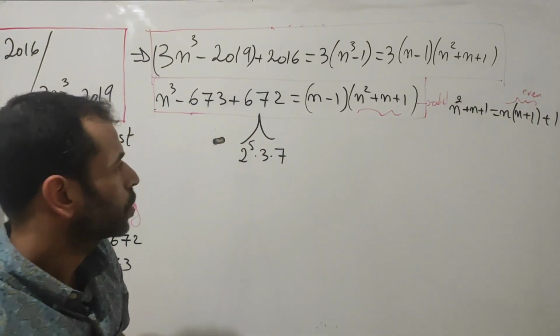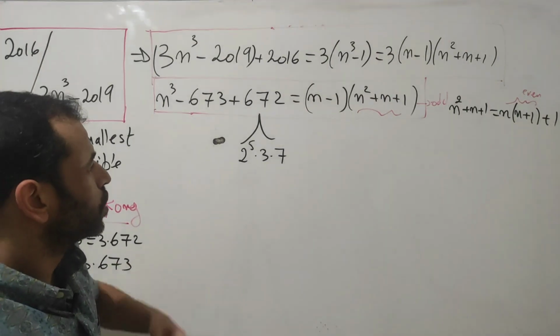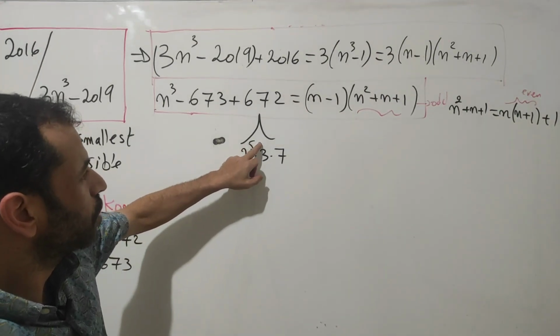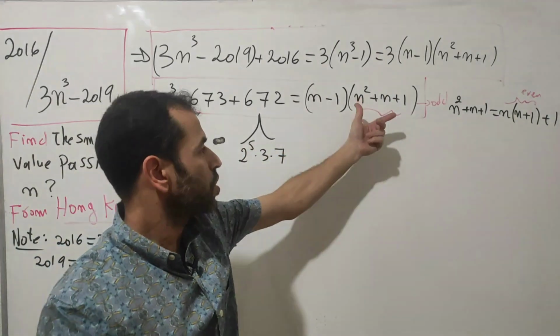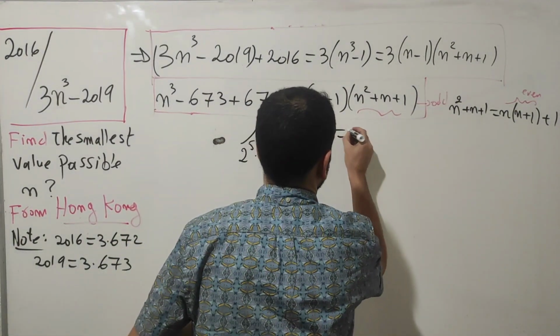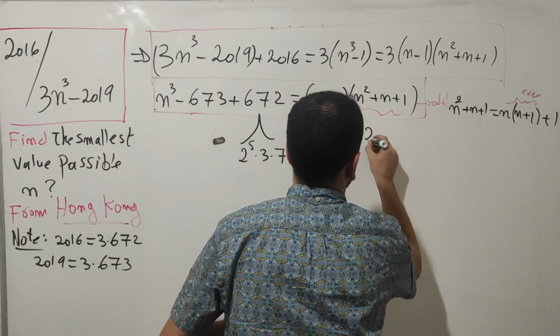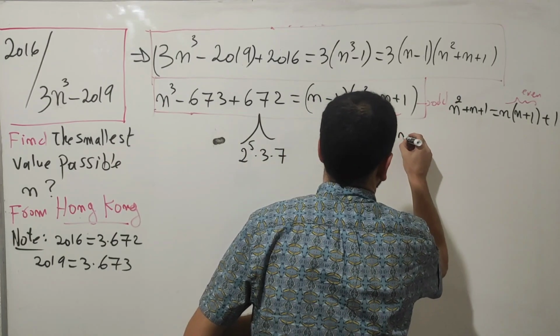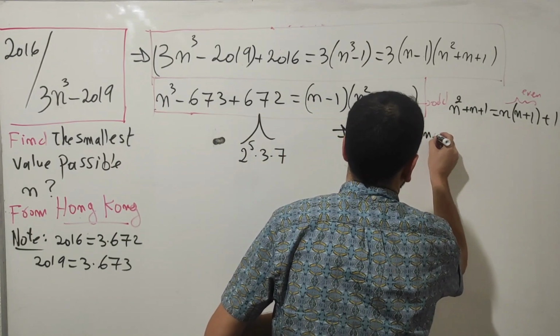What does this mean? It means 2 to the 5th does not divide n squared plus n plus 1, because it's odd.